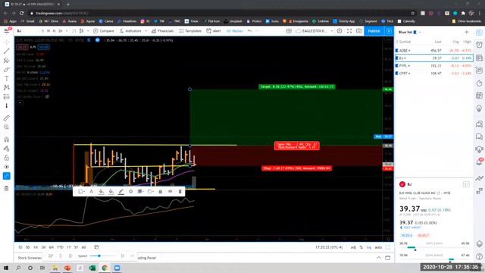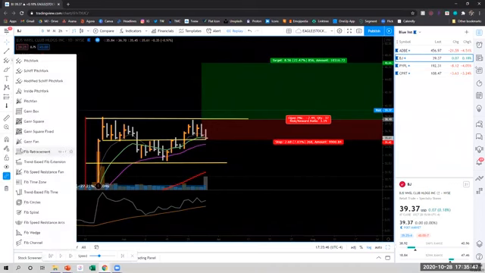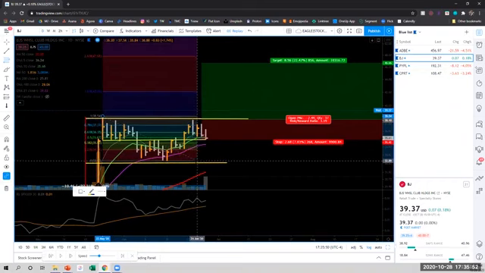So does it have the 20% above for the target? Yep. Let's look at the Fibonacci extensions. Does it have that as well? Can we see how many things it's lining up with?